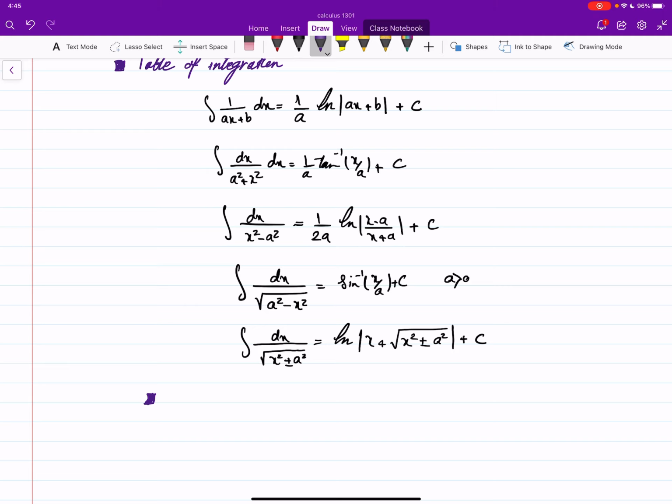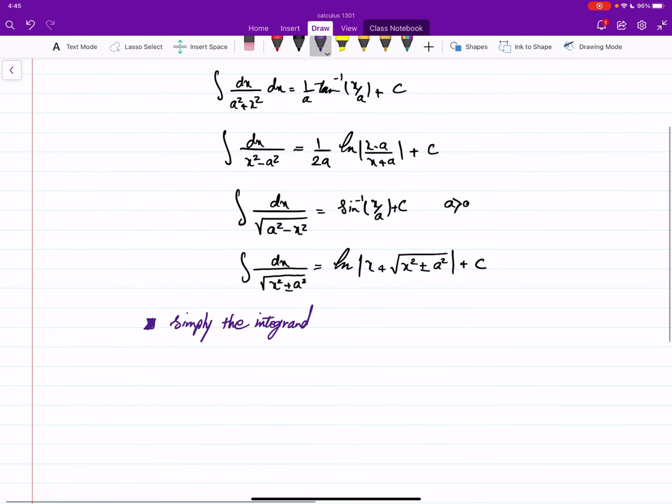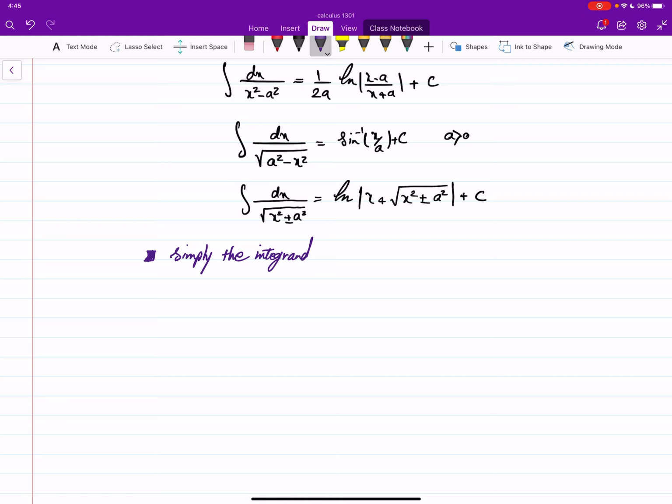Then the first thing you have to start doing is simplify the integrand, or the function in the integral. Sometimes it may look very strange, but when you do simplify, you will end up getting very easy integrals.